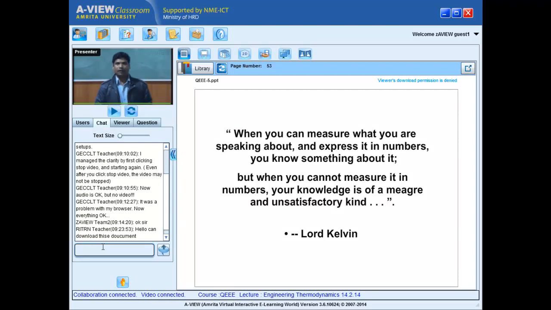You see what Lord Kelvin says: when you can measure what you are speaking about and express it in terms of numbers, you know something about it. Whatever you describe, whatever you understand, if you can give a number to that, it means you know something. Then he adds, but when you cannot measure it in numbers, your knowledge is meager and of no use. And why he said so, I'll tell you slowly a little later.